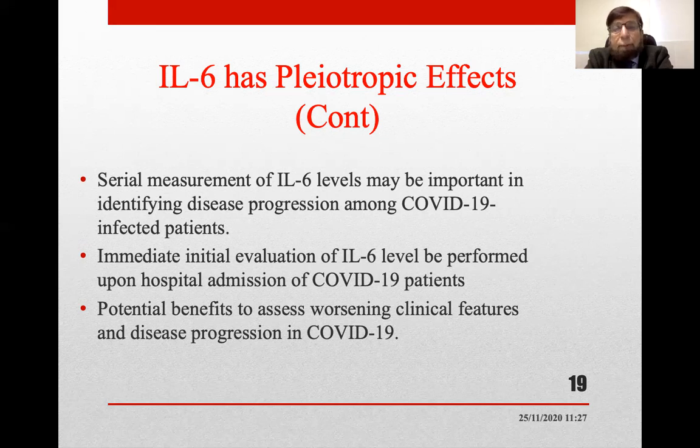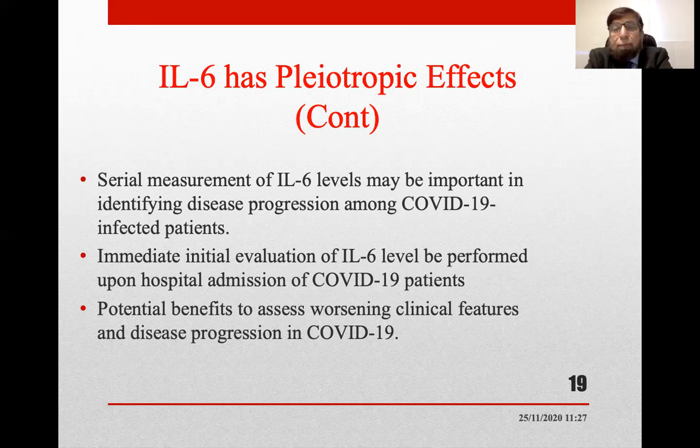Now, in addition to what I have written on the slide, I want to enlighten my colleagues and students that instead of wasting money on some unnecessary markers, we must procure IL-6. And if you are not doing it in your lab, please start doing it because it gives a lot of information in COVID-19 patients.